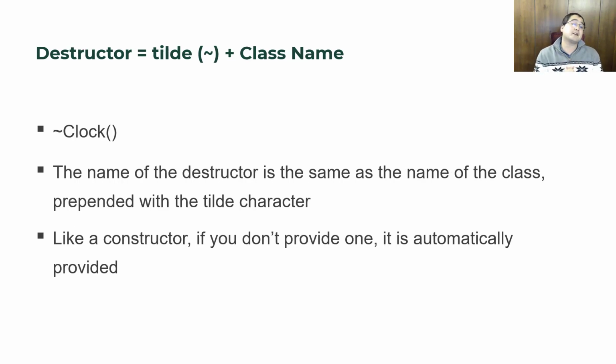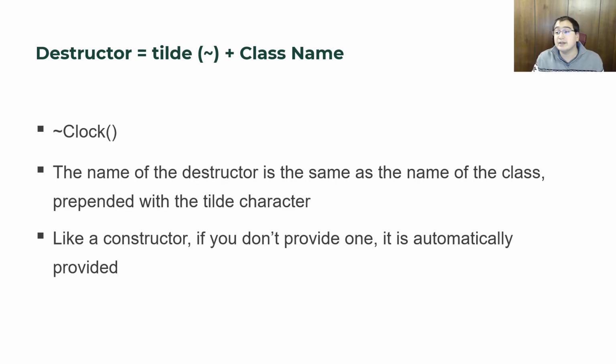So how do you define a destructor? Well, you write a tilde followed by the class name, and this is a function that doesn't take any arguments. And like the default constructor, if you don't provide one, it's automatically provided for you. In fact, every struct and class that you've written so far has a destructor.